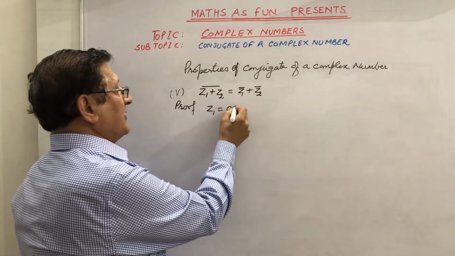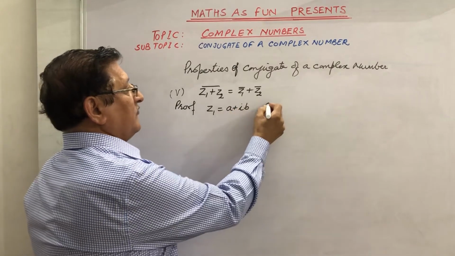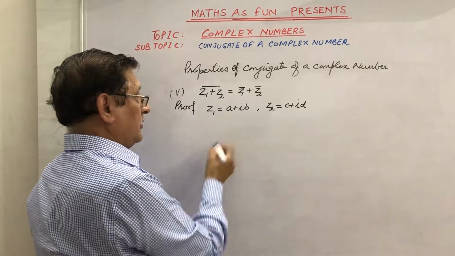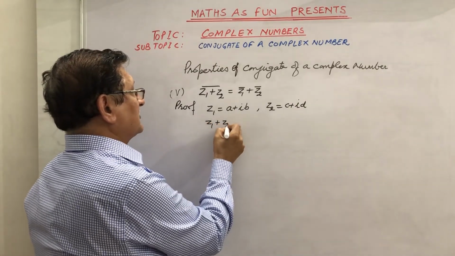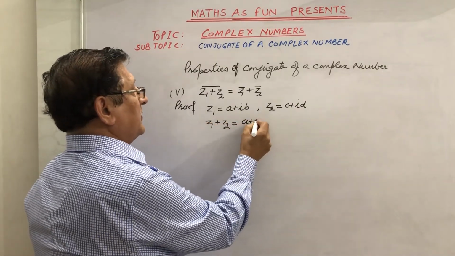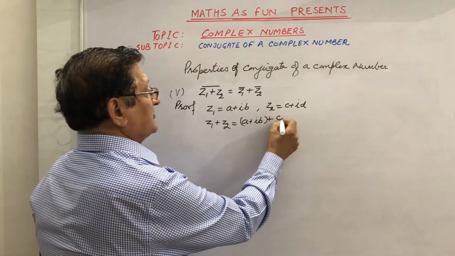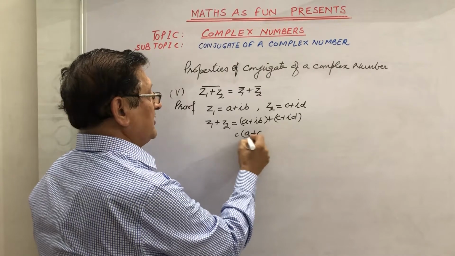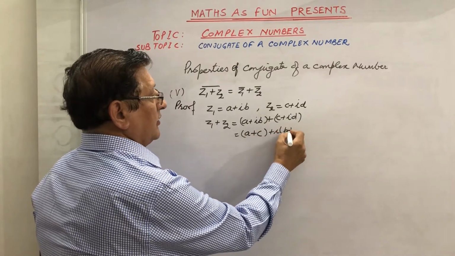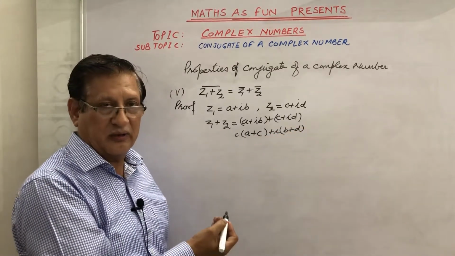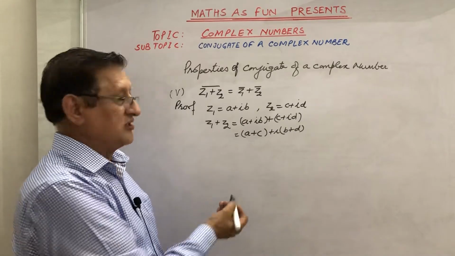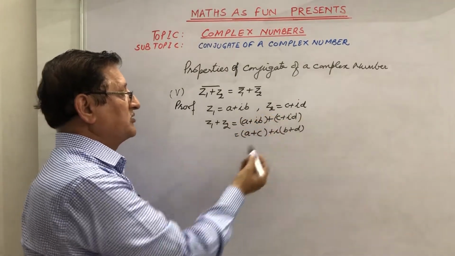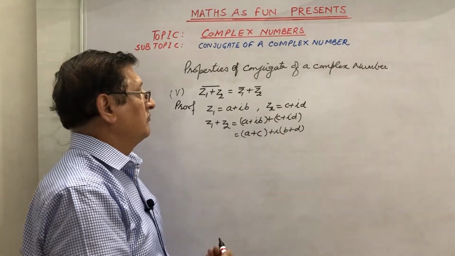If z1 is a plus iota b and we take z2 as c plus iota d, then we know z1 plus z2 is a plus iota b plus c plus iota d, and that comes as a plus c plus iota times b plus d. The real part is the sum of the real parts, and the imaginary part is the sum of the imaginary parts, that we know.